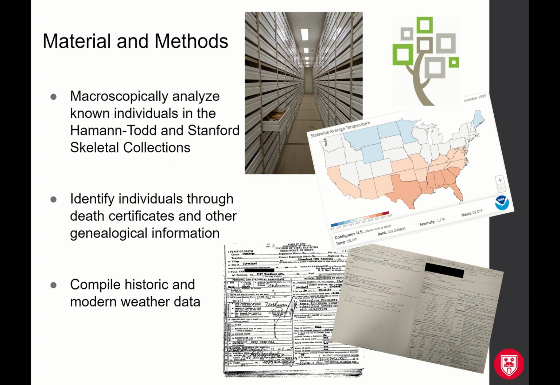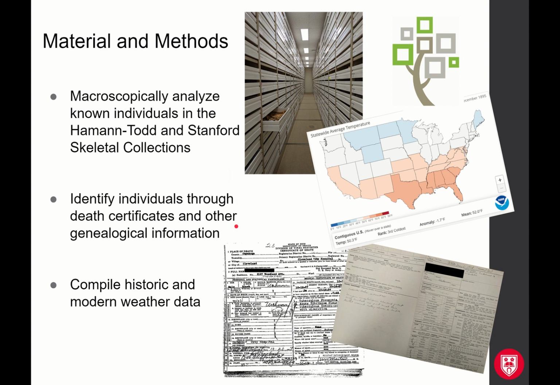The known individuals were located in the Hammond-Todd and the Stanford skeletal collections in the United States. So the Hammond-Todd collection represented individuals who died in Ohio, up here in northern Ohio. The Stanford collection represents individuals who died in Santa Clara, California, which is around northern California. That will be relevant in a couple minutes.